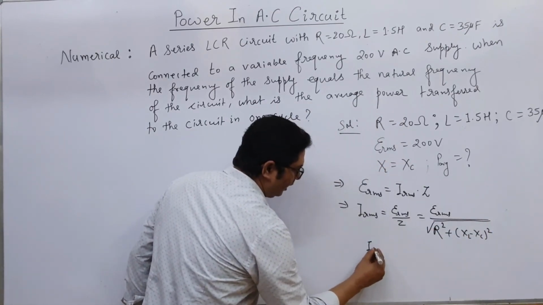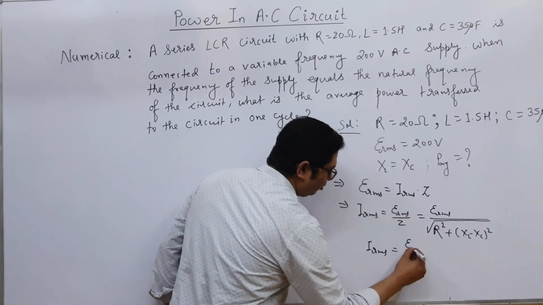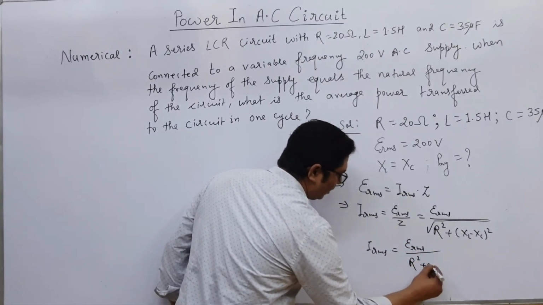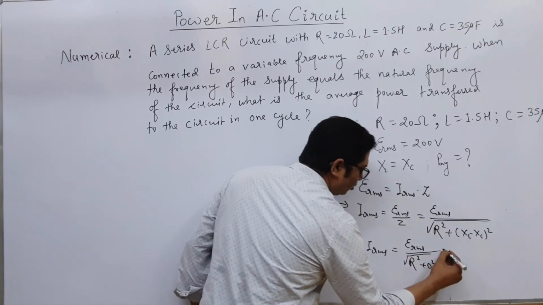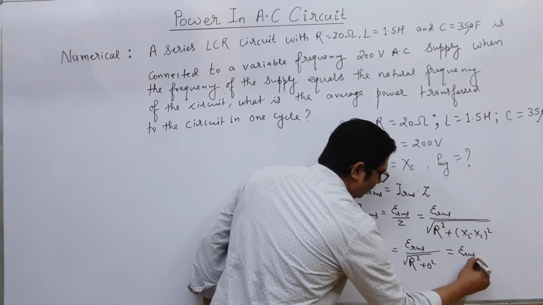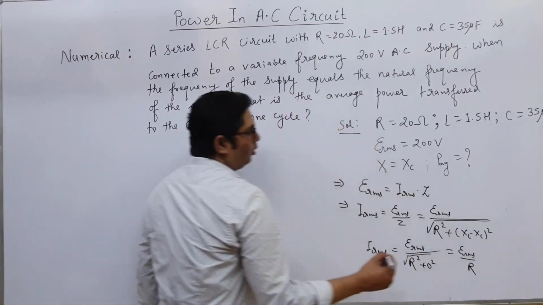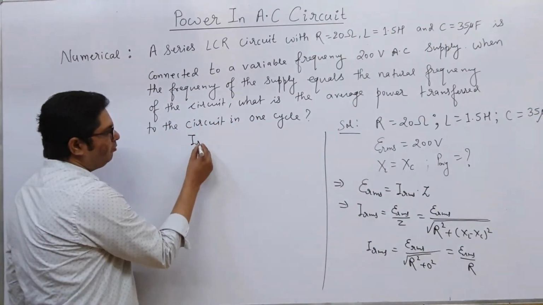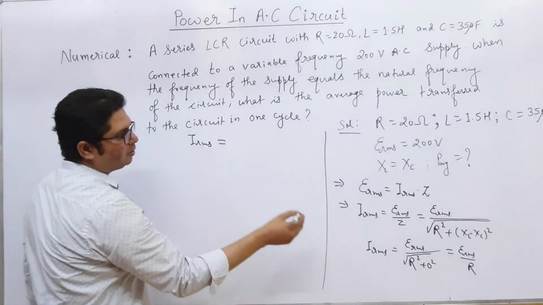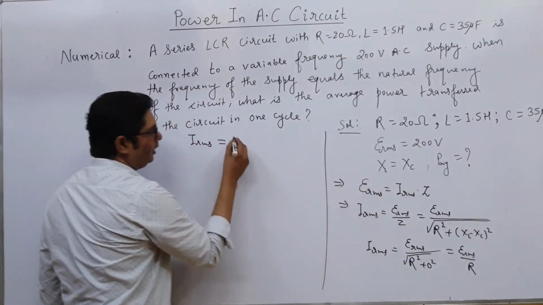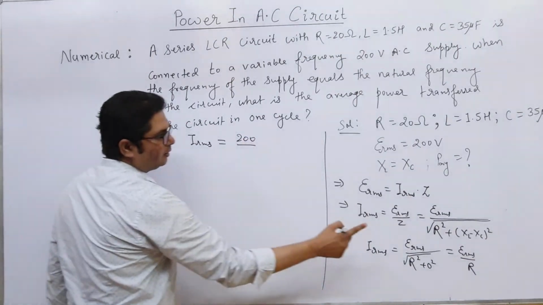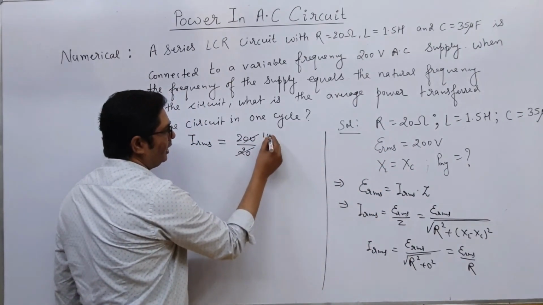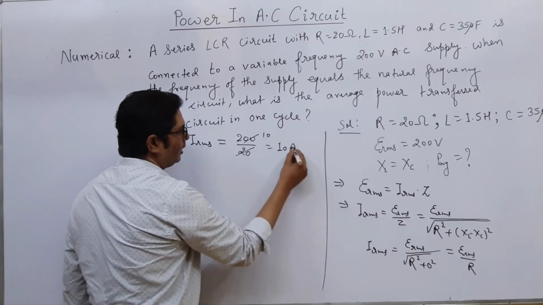So you have IRMS equal to ERMS upon the square root of R square plus 0 square, which is ERMS upon R. Now put the values: ERMS is 200 and R is 20. Cancel out, and you get IRMS equal to 10 ampere.